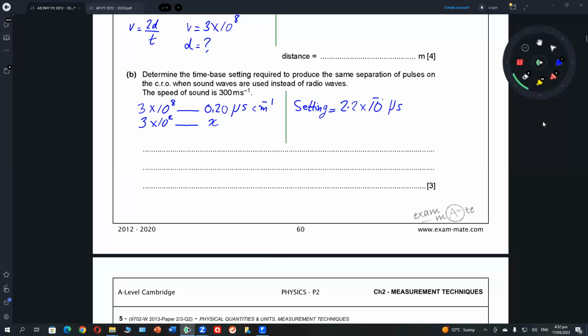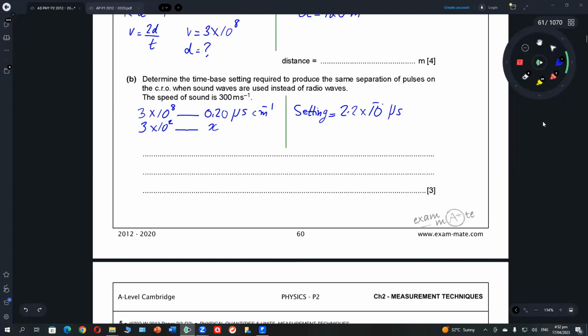Now it's coming as 2.2 into 10 raised to the power minus 13. Yes, 13. Okay, let me try.